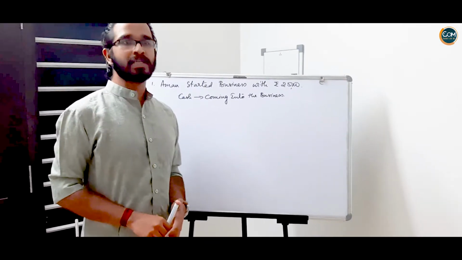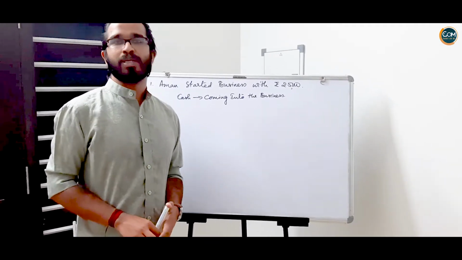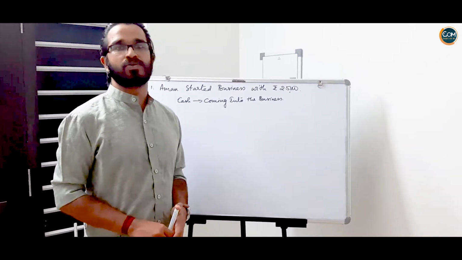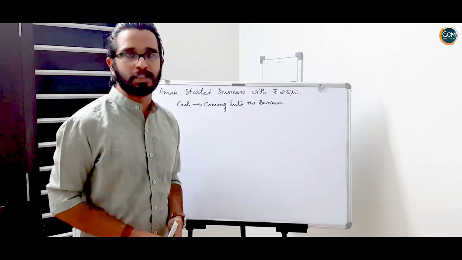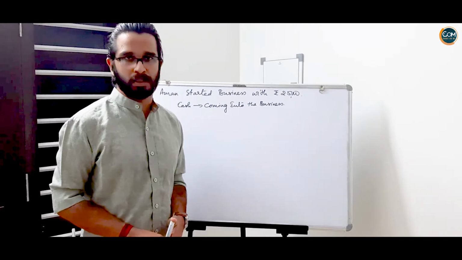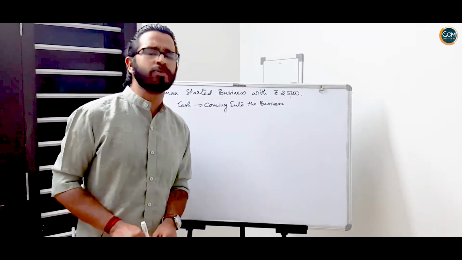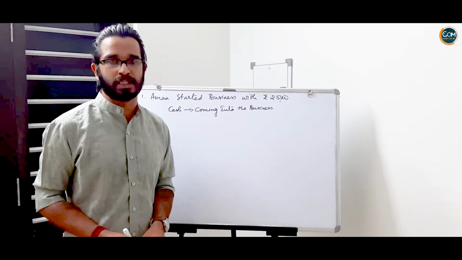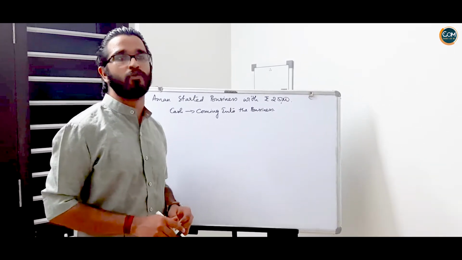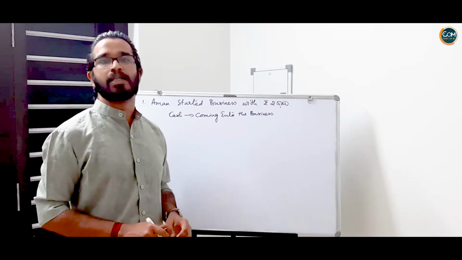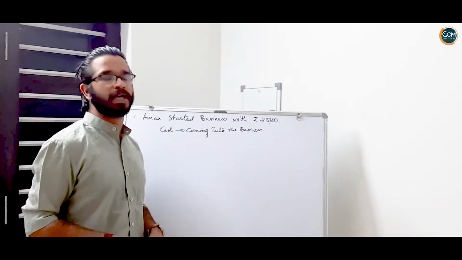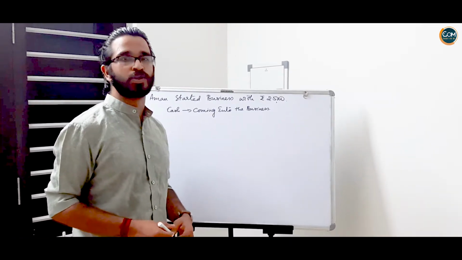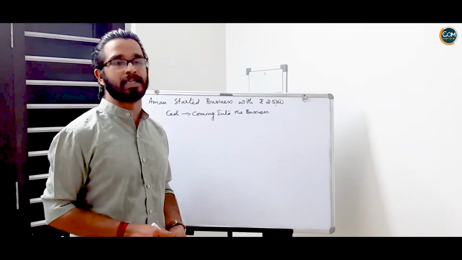As per the business entity concept, we said that every business is treated as a separate entity from its owner. Therefore, any contribution made by the owner of the business will be treated as a liability of the business towards that person. Therefore, Aman here is a person to whom the business is liable.